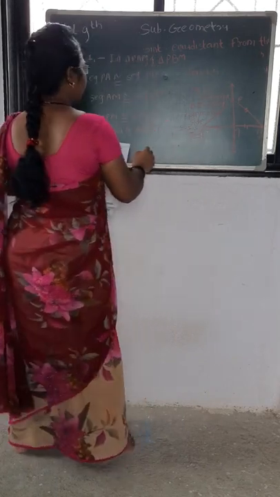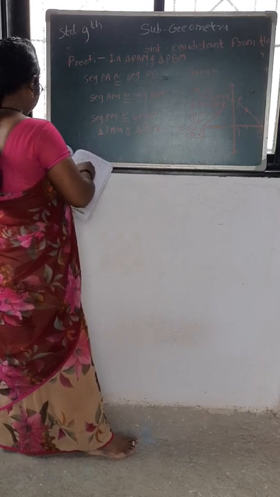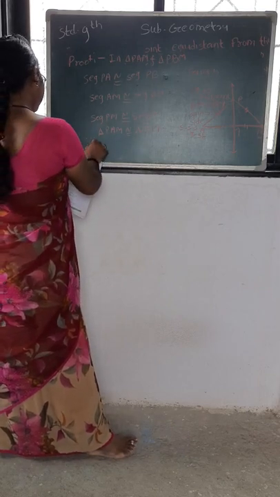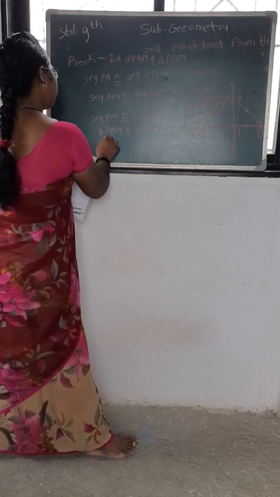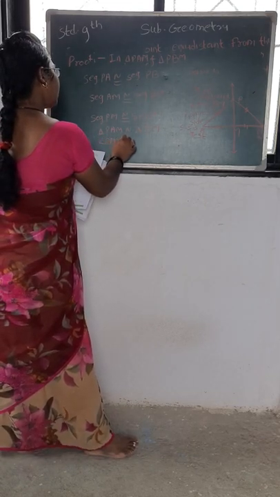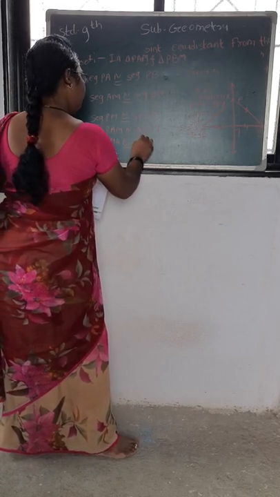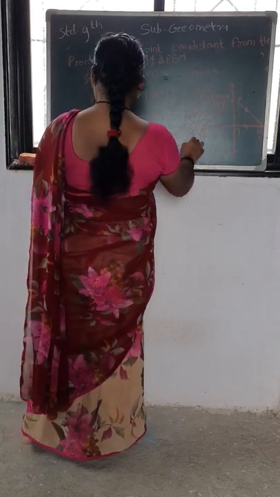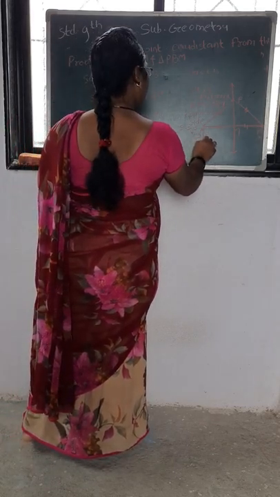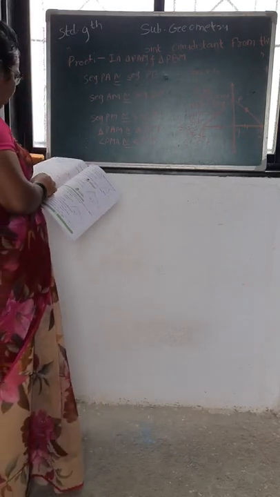Then angle PMA is congruent to angle PMB, congruent angles of congruent triangles.